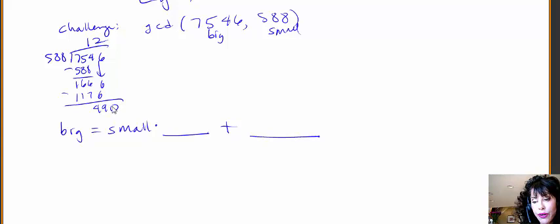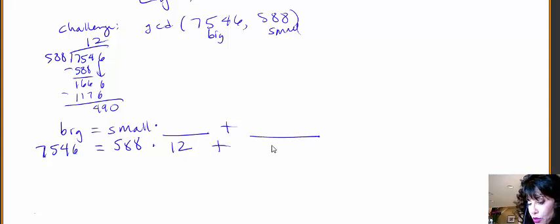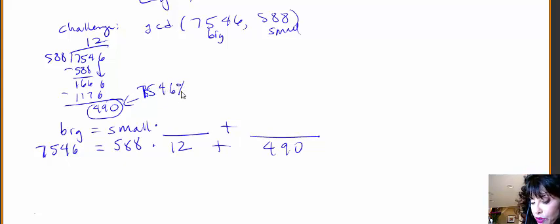So there's the remainder. When we write out the actual sentence here, we're saying our big number, the 7,546, is equal to the small, which is 588, times 12 plus a remainder of 490. Now, I hope you can see that this 490 is actually the modulo when you do 7,546 with 588.